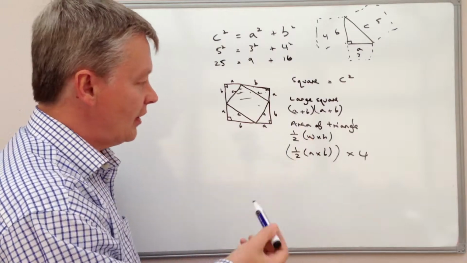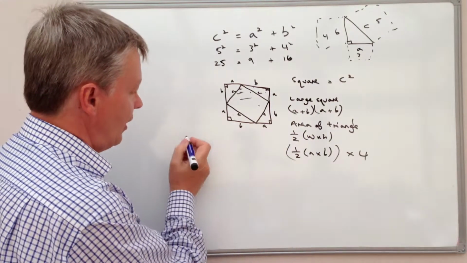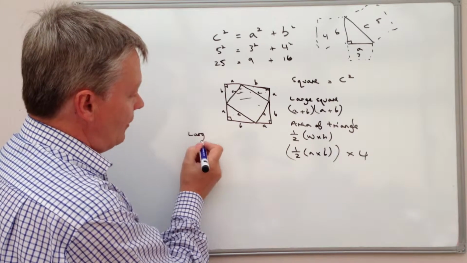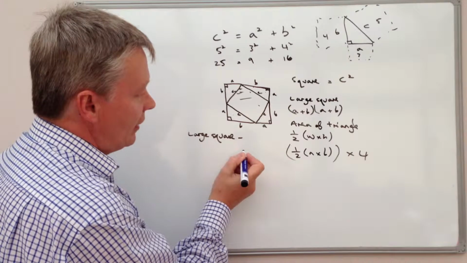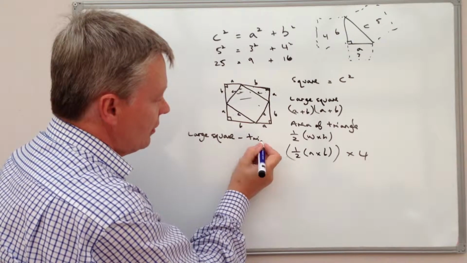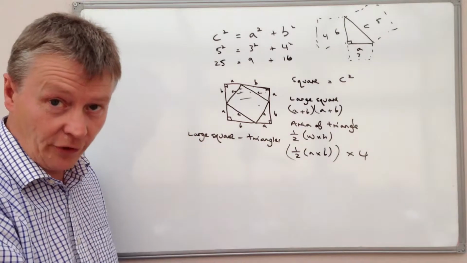So let's look firstly at the area of the large square. So I'm going to write this out on the board here as large square minus triangles. Okay. And what we'll do is we'll work down the board.